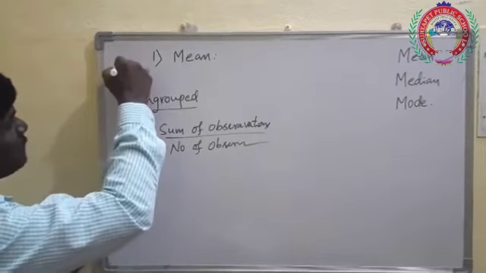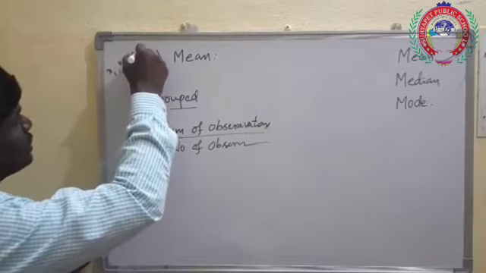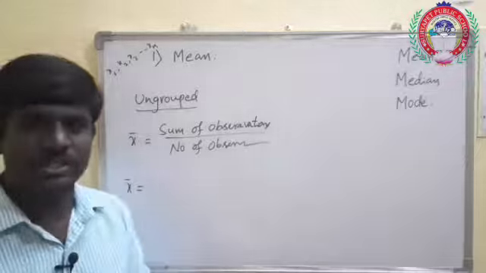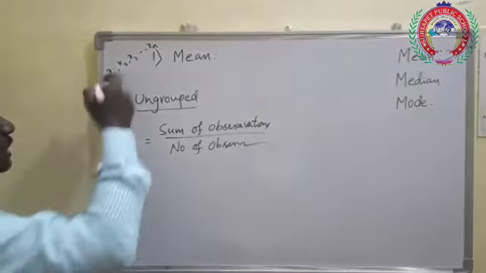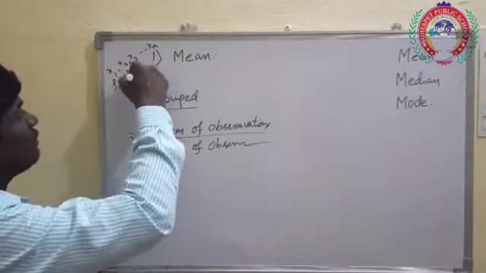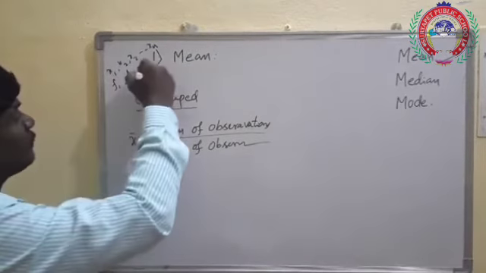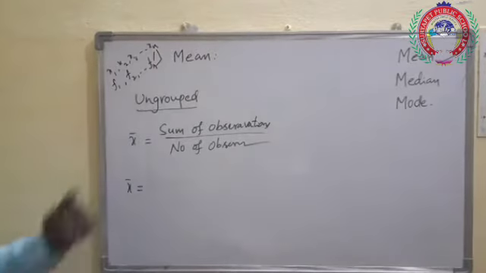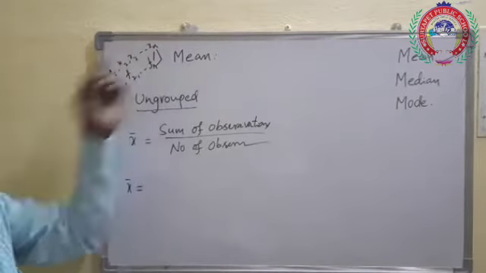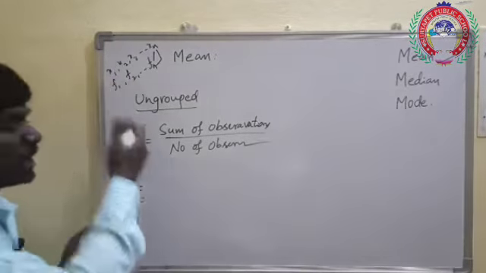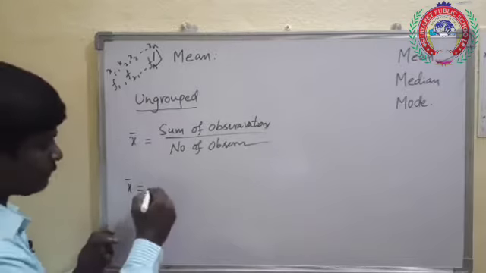Suppose x1, x2, x3 and so on, xn are observations, values. The frequency of x1 is f1, the frequency of x2 is f2 and so on, frequency of xn is fn. So all these are frequencies of these observations. Then what is the formula to find the mean?